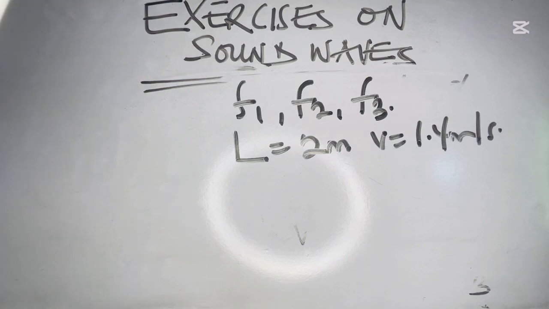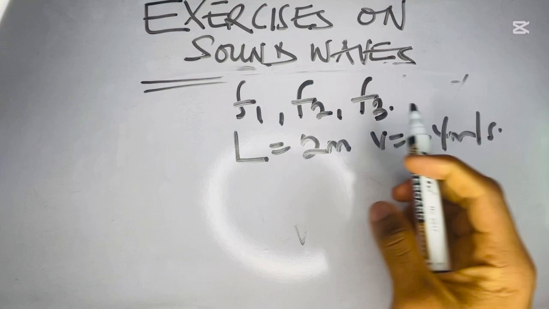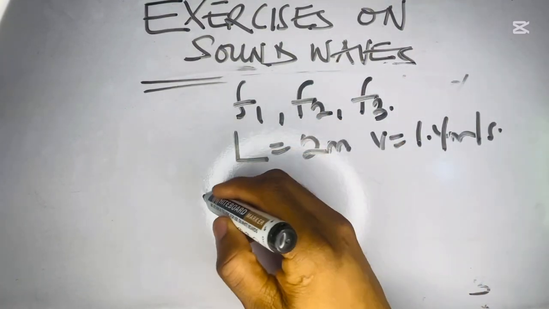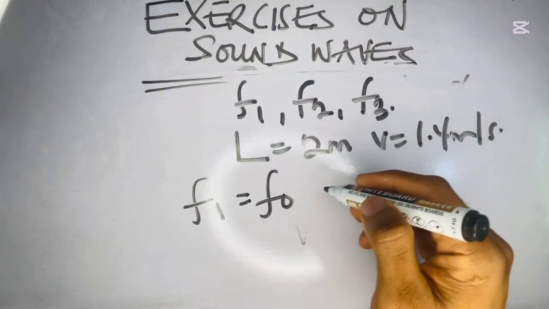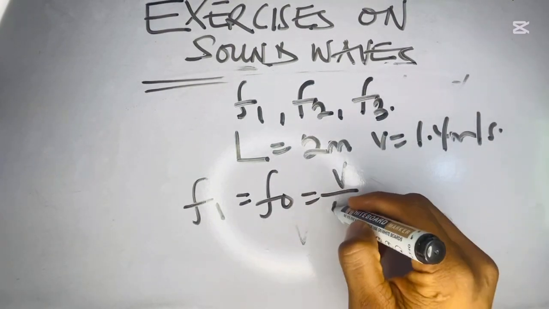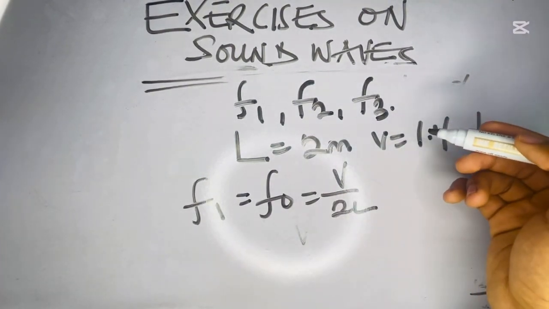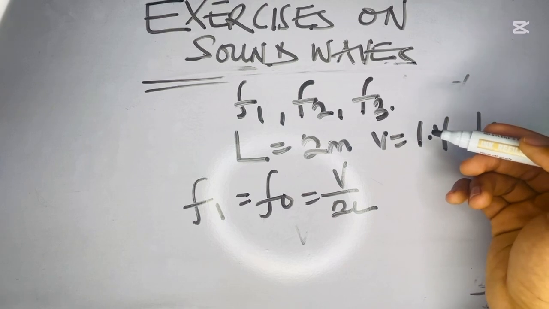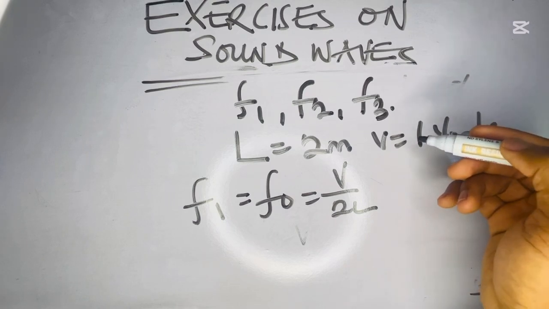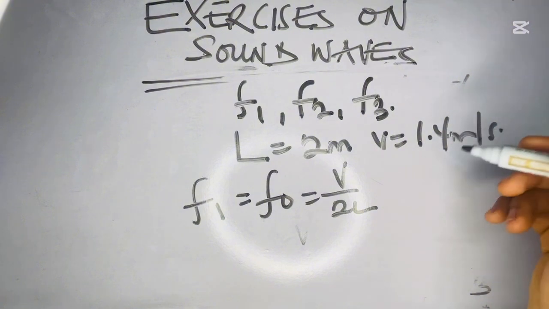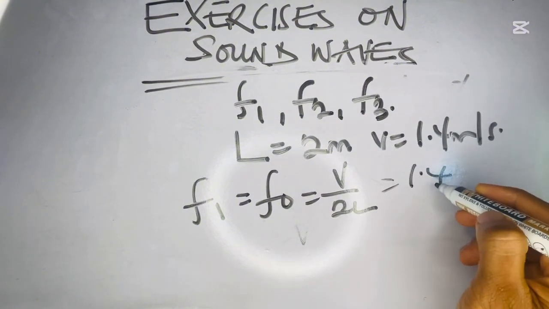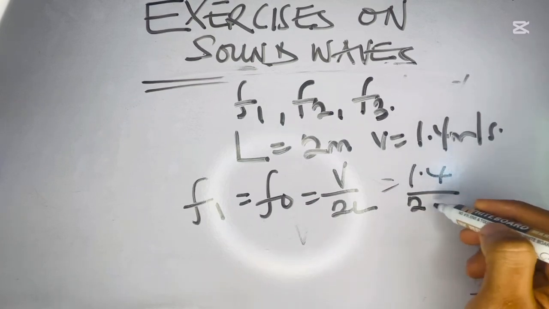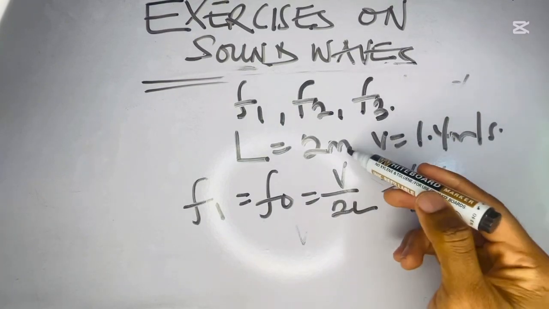Now, I'll give you the formula that will enable us to look for F1, F2, and F3. The first harmonic, F1, will be equal to F naught, and the formula for F naught is V all over 2L. That is the fundamental frequency. Remember when we used it in the previous question that had to do with the violin. So this will be 1.4 divided by 2 times 2, where the length is 2 meters.